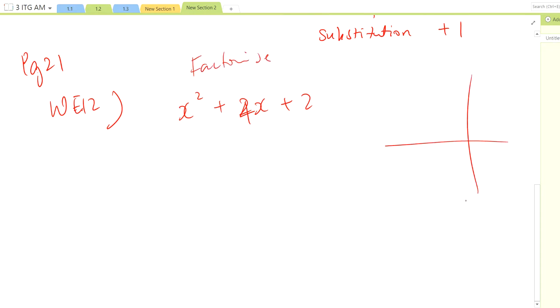You use your table over here, then you've got a 2 and a 4x, then you do something like this, right? This is factorizing quadratics. But now we have cubic. In this case, cubic, x cubed minus x squared minus 4x plus 4. Factorize this.